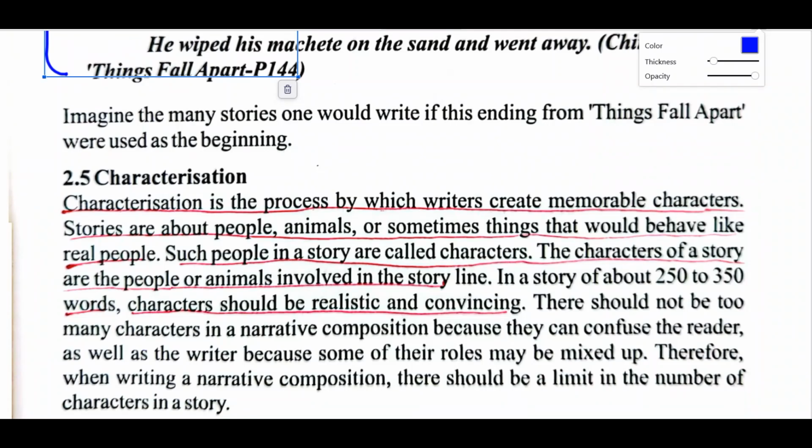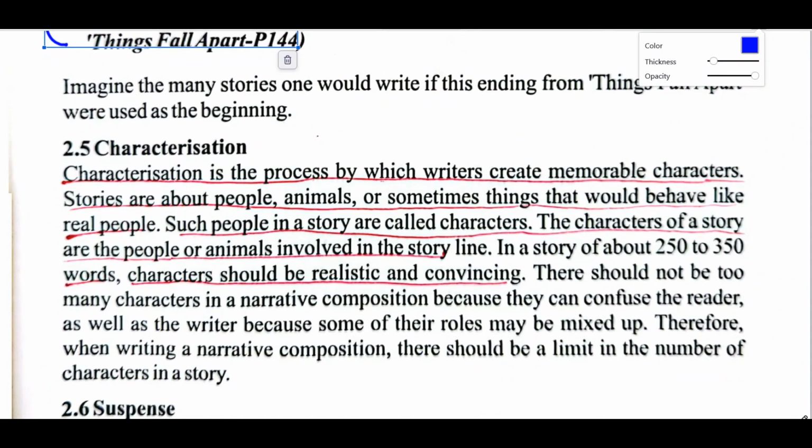Now we can move on to what we call characterization. Characterization is the process by which writers create memorable characters. This is where you choose the characters, like who is the main character. In every story, there should be the main character, like the main culprit who was involved.